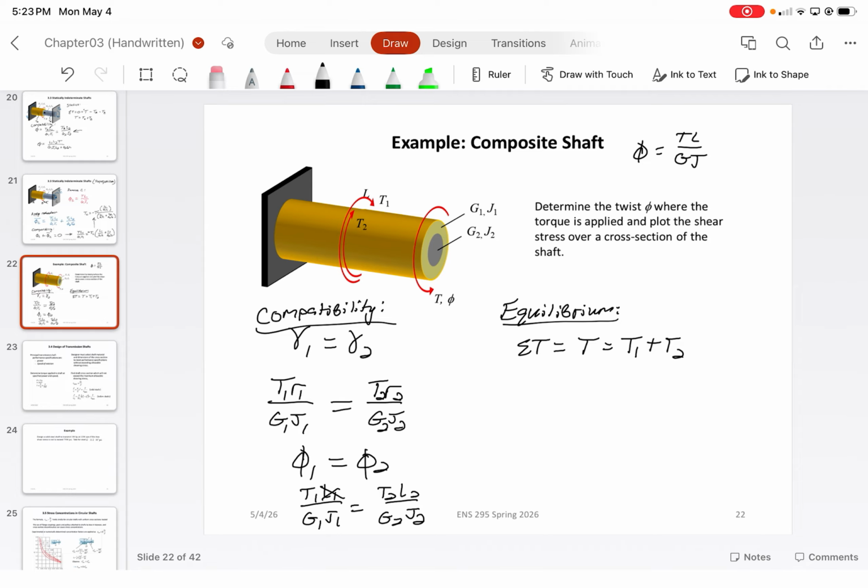All right, but L1 is going to equal L2. So then we could just rewrite T1 in terms of T2 using just G1 J1 over G2 J2.